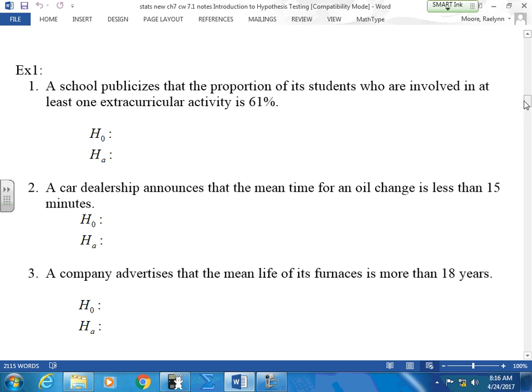So let's try one. Let's try a couple. A school publicizes that the proportion of students who are involved in at least one extracurricular activity is 61%. The first thing we need to do is write this down, the population parameter.